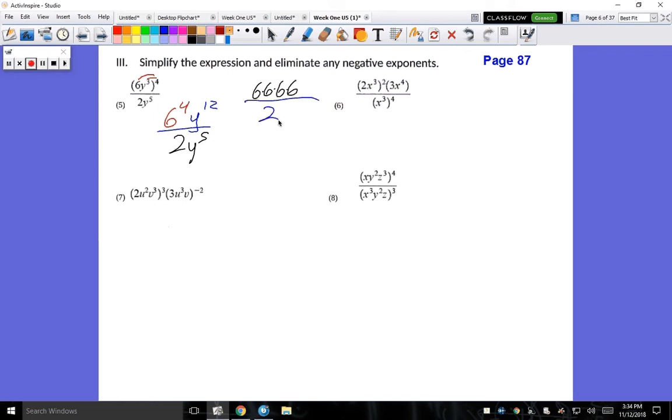And then you have 2, and then you have the y's competing with each other. Who wins with the y's? The top. The reason why is because when you're dividing, you end up subtracting the powers. When the bases are the same, they have to be the same, you're going to subtract the powers.